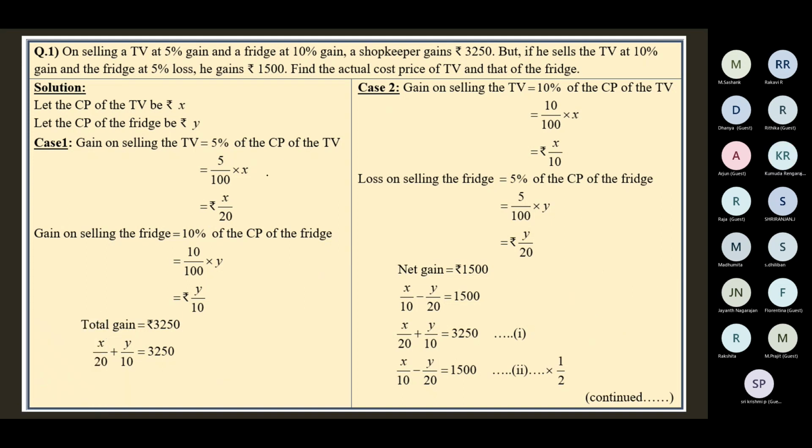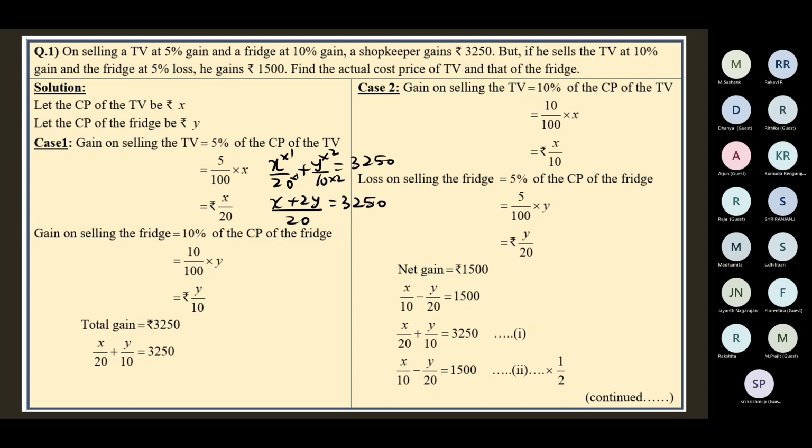Yes, Sri Ranjan. See here, X by 20 plus Y by 10 is equal to 3250. What's the LCM of 20 and 10? 20. So it will be 20 into 1, so X into 1. You will get X in the numerator, plus 10 into 2 is 20, so into 2 here. So plus 2Y is equal to 3250.